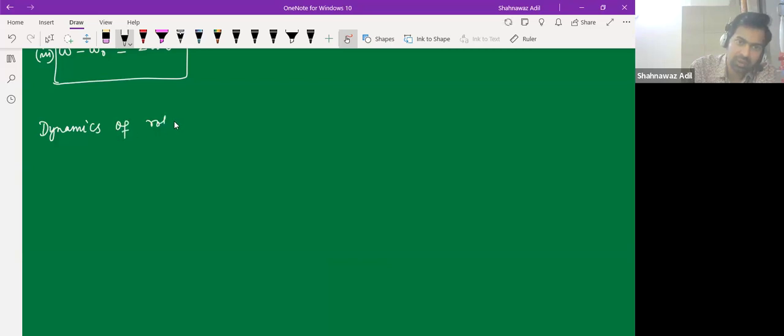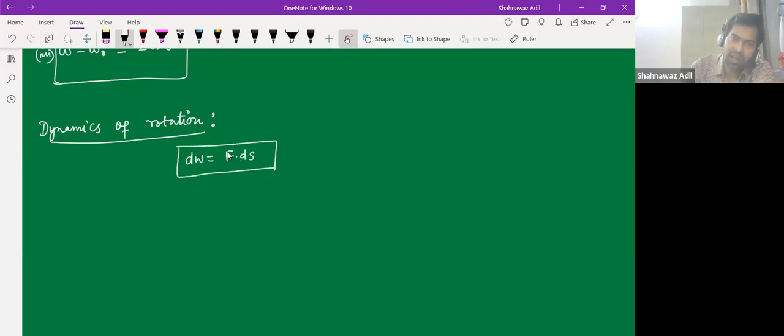Then let us understand the dynamics of rotation. In the case of translational motion, we understood that the small work done is simply F dot ds, right?